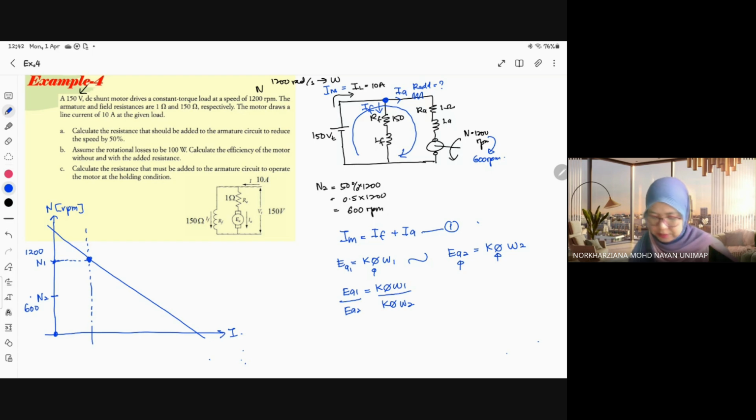We can cancel this since it has the same value. Omega 1 and omega 2 are not the same speed, they are different speeds but sharing the same motor with a different BEMF. And since we are using RPM, we can change it to N1 over N2.